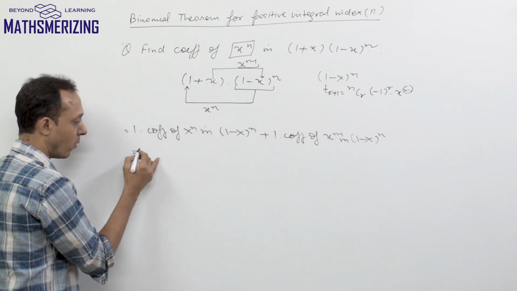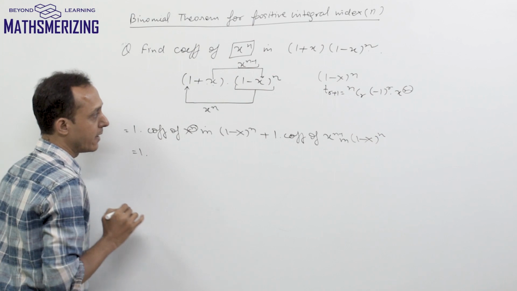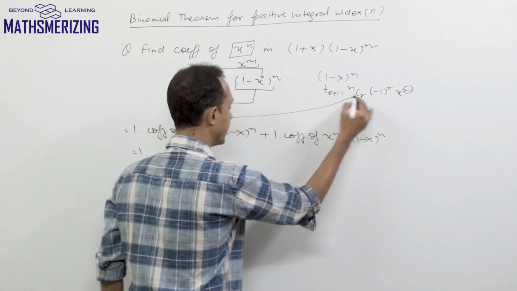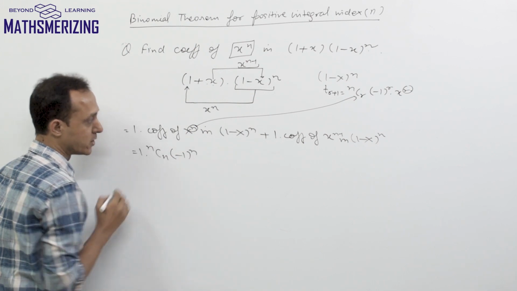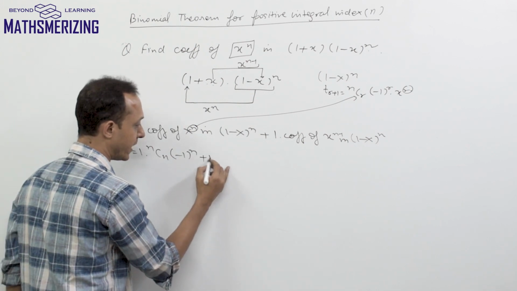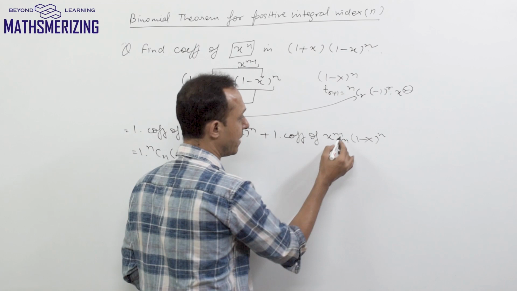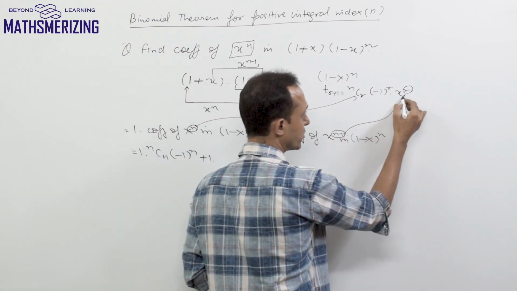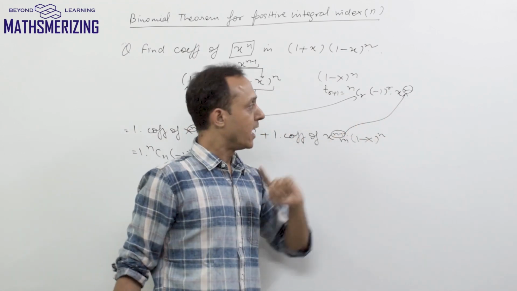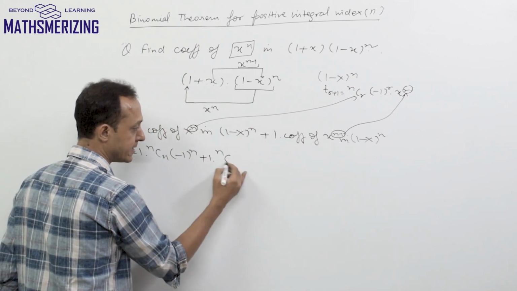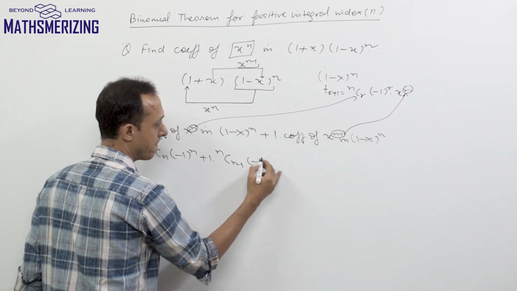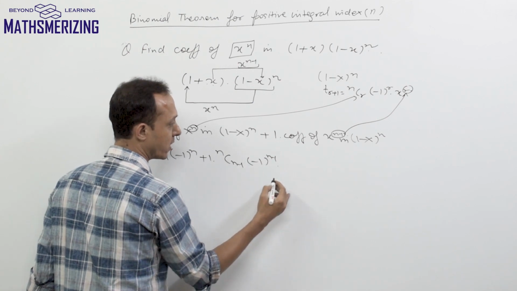So I'll write 1 into, now for x to the power n, I'll put simply r as n, so it'll be nCn (minus 1) to the power n, and then plus 1 into, now the coefficient of x to the power n minus 1. So for x to the power n minus 1, I'll need to put r as n minus 1. So if I put r as n minus 1, I'll get nC(n minus 1) (minus 1) to the power n minus 1.